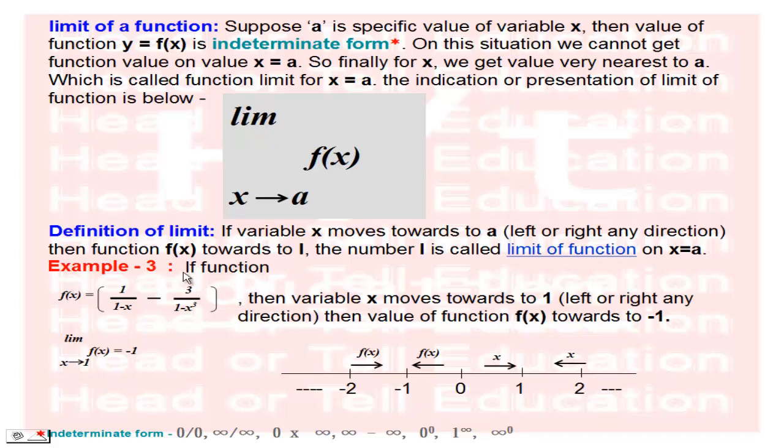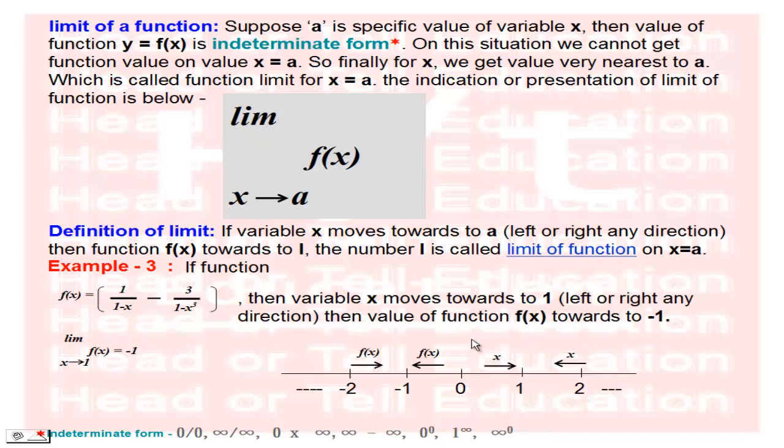Example 3. If function f(x) equal to (1 upon 1 minus x) minus (3 upon 1 minus x cube). Here we put the value x equal to 1. So the variable x moves towards 1, from left or right, any direction, then the value of function f(x) goes towards minus 1.